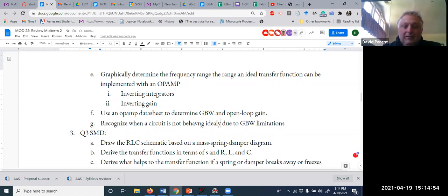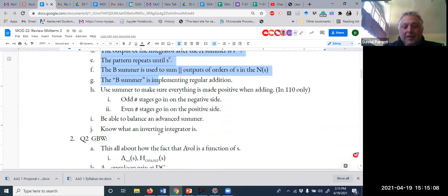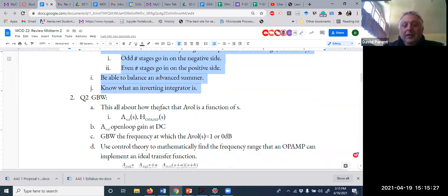All right. Now the thing is, as we get into this, there's homework that's basically all of that. Now there might be assignments that I had you do to lead you up to question 1, but really any homework that says here's a DF2 filter or transfer function implemented in DF2, that would be a valid question to study.